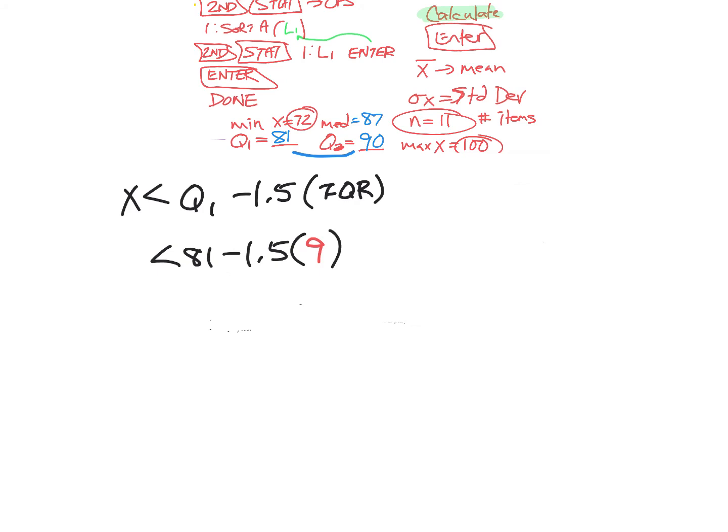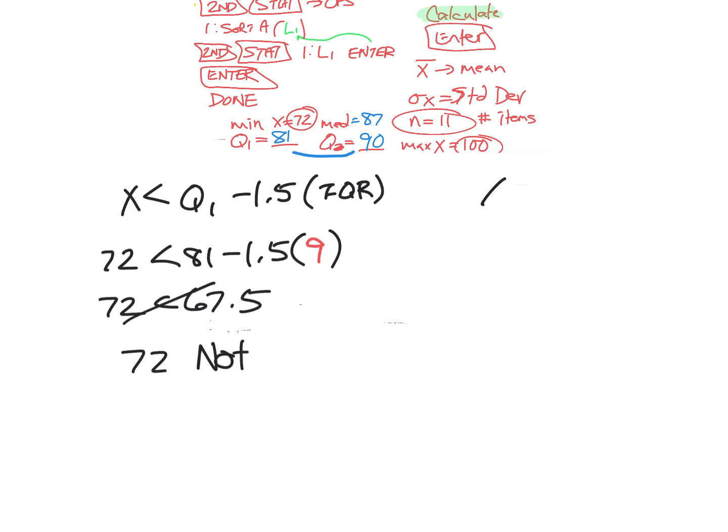And the value I'm looking at for this particular one is 72. That's the small value. So if I type 81 minus 1.5 parenthesis 9 close parenthesis, I get 67.5. Is 72 less than 67.5? That is not true. So 72 is not an outlier.